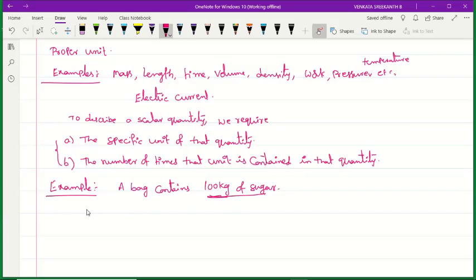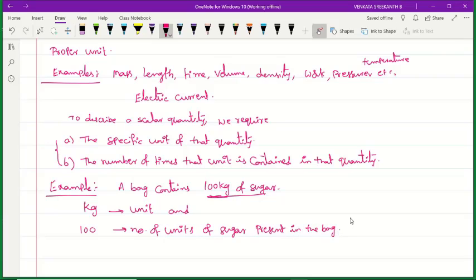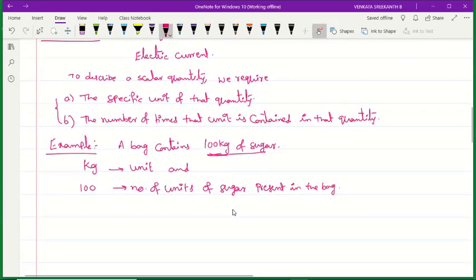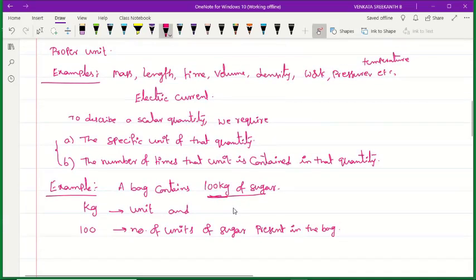Kg is the unit, and 100 is the number of units of sugar present in that bag. This is about the scalar quantity related point.